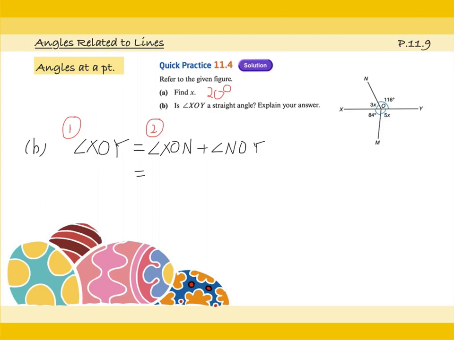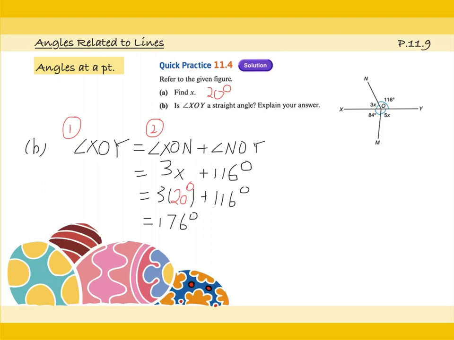And then put down the values of the angles one by one. The first one is 3x, the second one is 116 degrees. And then we substitute the value of x, which is 20 degrees. Add them together, you get 176 degrees.